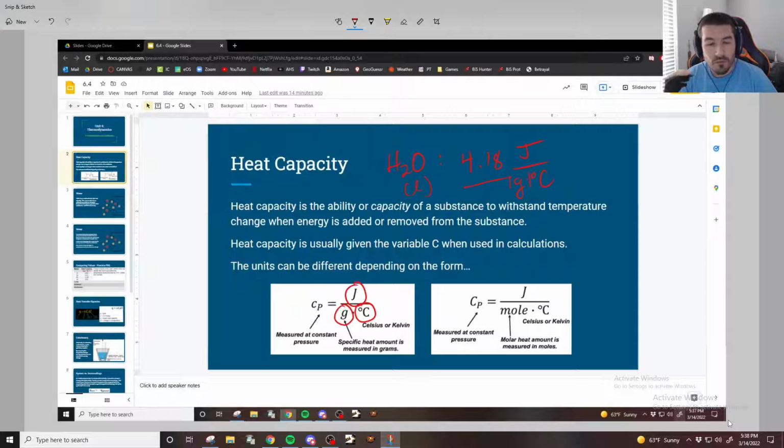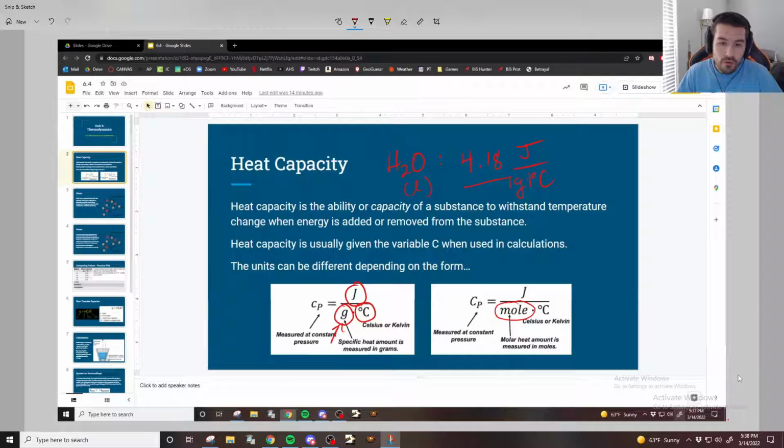Okay? So it's a measure of how much energy it takes to heat up 1 gram of a substance by 1 degree Celsius. Different substances have different values here, okay? And this could be in terms of 1 mole of the substance, okay? Or it can be in terms of 1 gram.